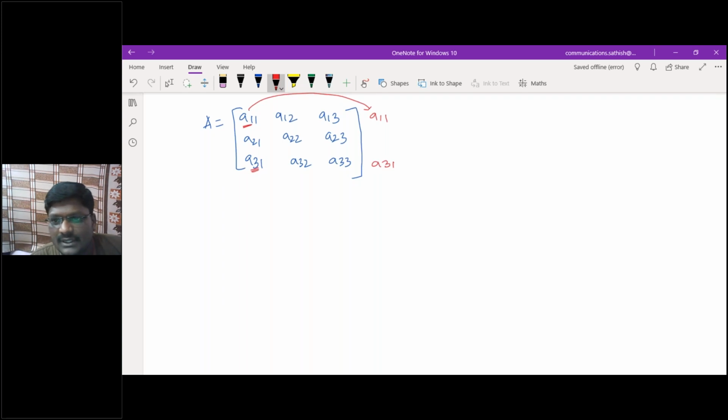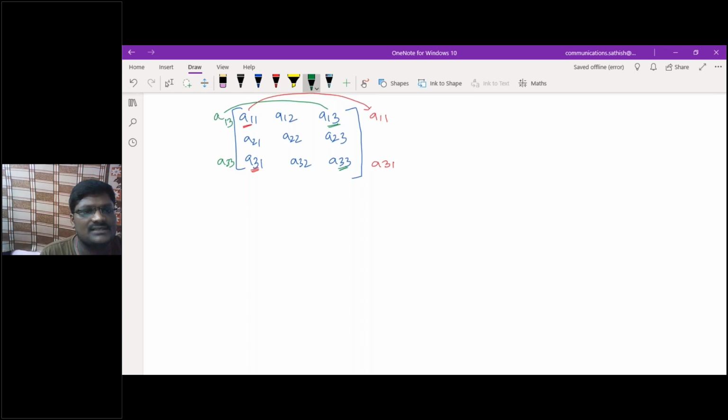Got my point? Then similarly you try to write the last column, first element, and last element, you take it in opposite. Similarly, as in the earlier case, you write it as A13 and A33. I hope you people are following me.